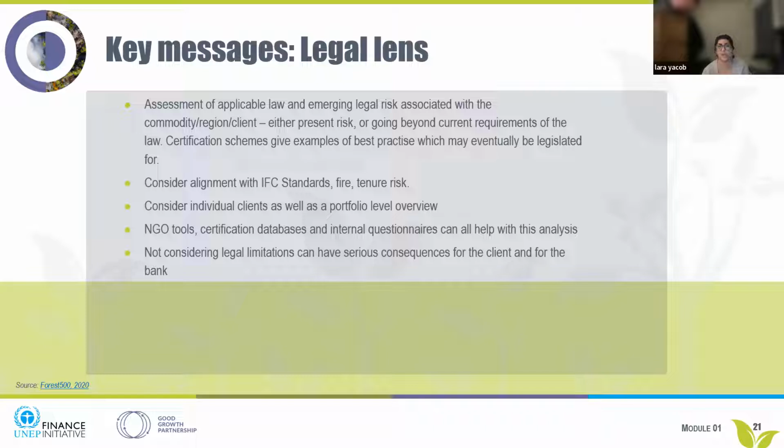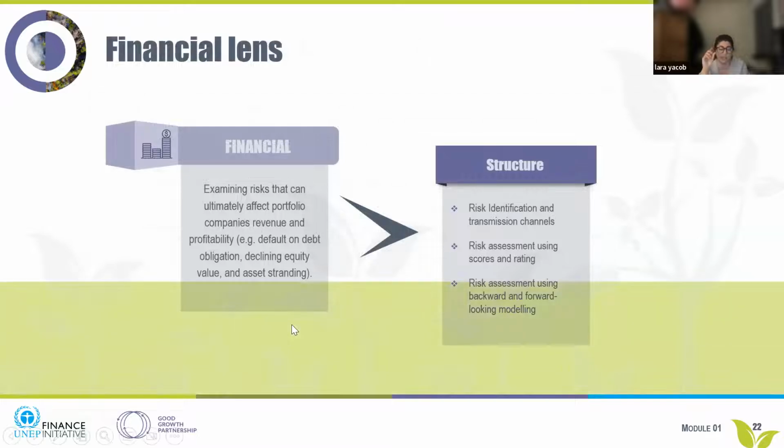Then we come to the financial lens, which is really a culmination of the legal and the regulatory. What we're saying here is that the financial lens will affect portfolio companies' revenue and profitability. And it can have a financial implication.